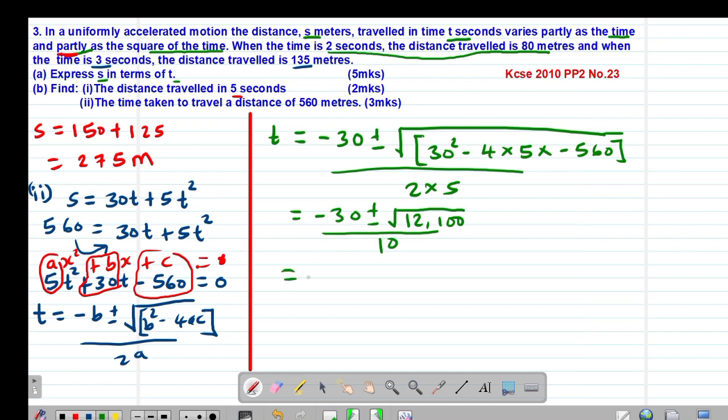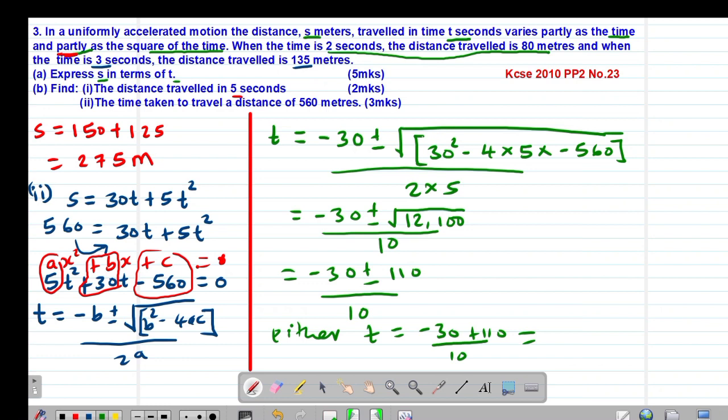So this will be equal to negative 30 plus or minus the square root of that, I'll get 110. The square root of 12,100 is 110, divided by 10. So this means either the value of t is equal to negative 30 plus 110, divided by 10, which is going to give me 8.